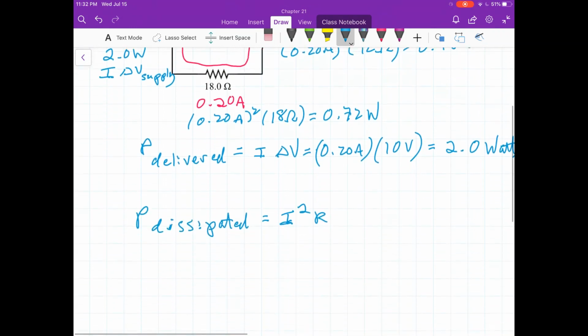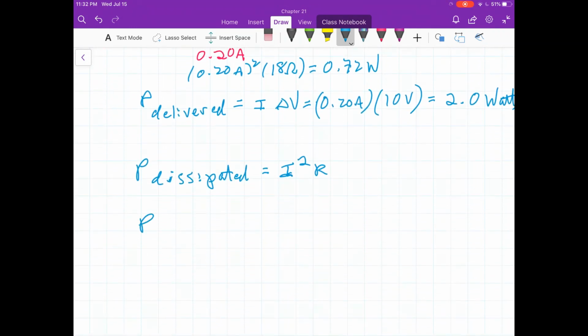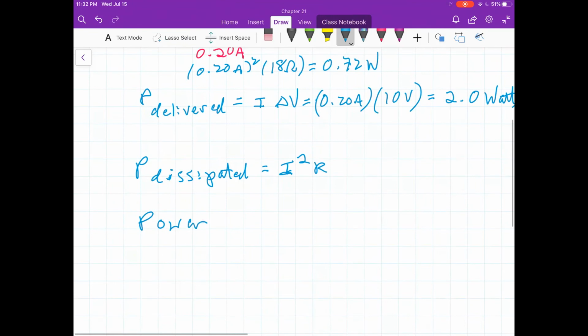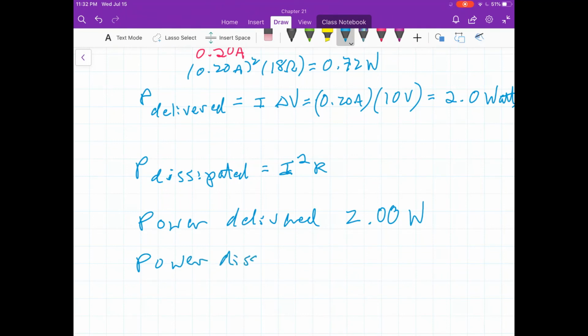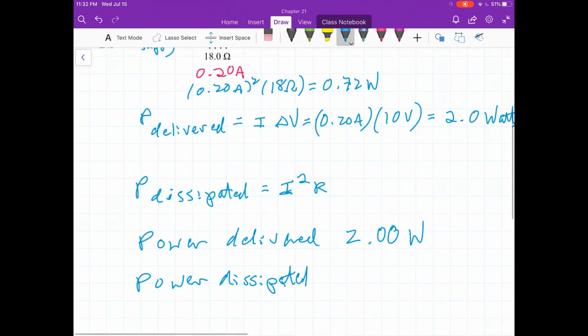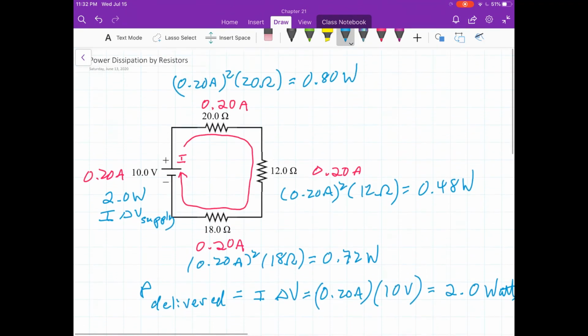So now we have power delivered, 2 watts. The power dissipated, you heat the resistors and it loses the power. We have 3 resistors.